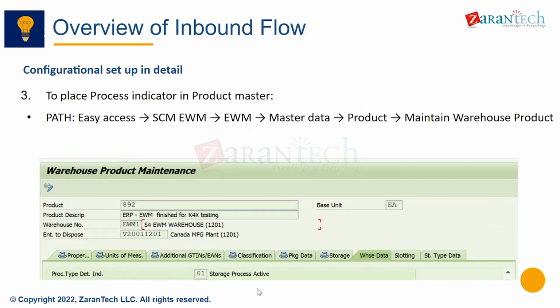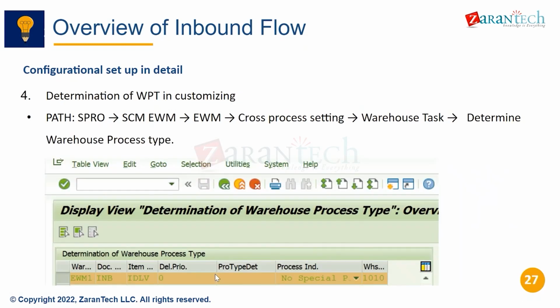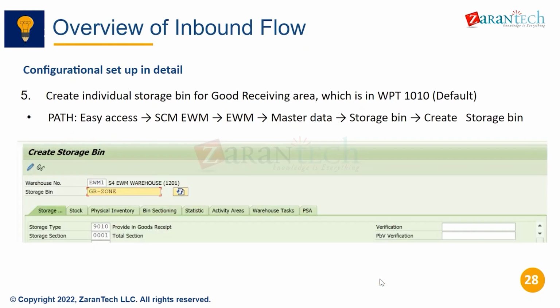Then you can see here where we assign that process type determination indicator. Then, as I explained, how the determination of warehouse process type will happen: if the document received into the EWM system has this document type and item type, then this warehouse process type will be triggered by default.